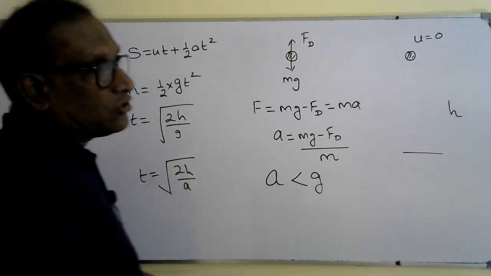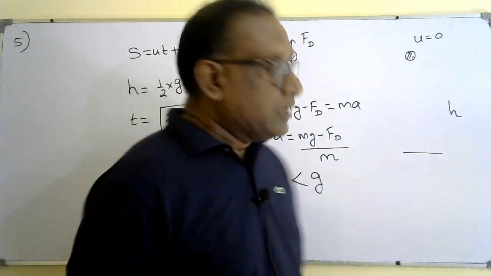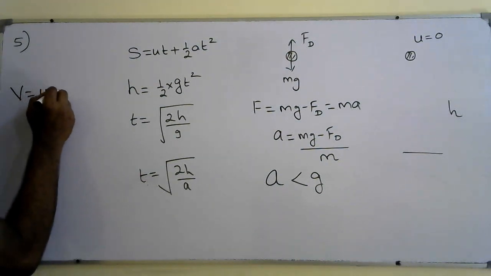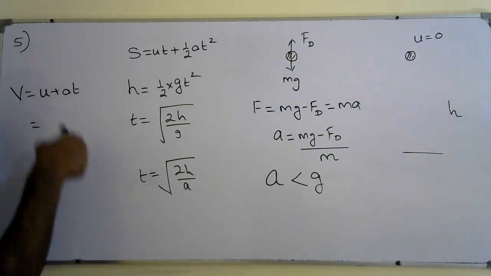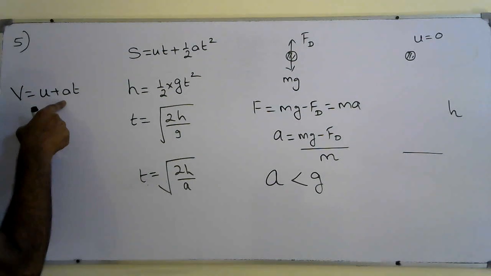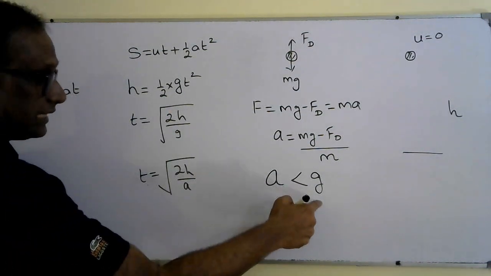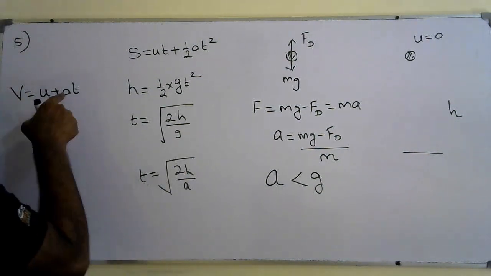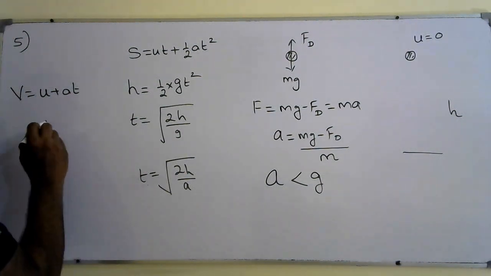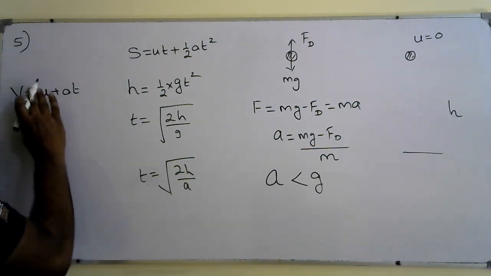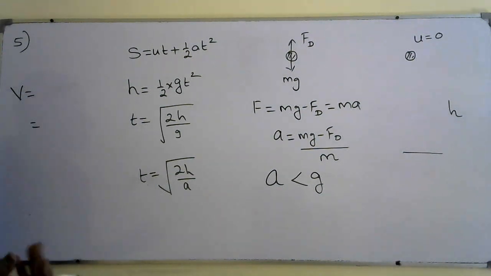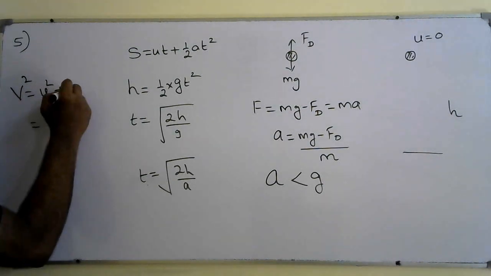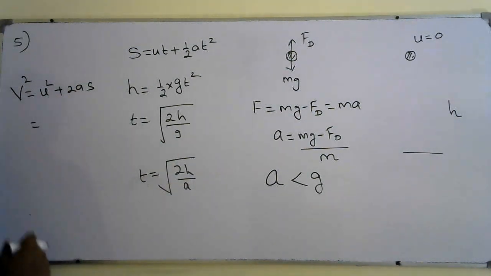Then he calculated the final speed. To calculate the final speed, he would have used v equals u plus at. u is 0. Actually a will be smaller than g. The student would have used g, but actually acceleration is smaller than g. Or we can use v squared equals u squared plus 2as, that's easy because time won't come there.